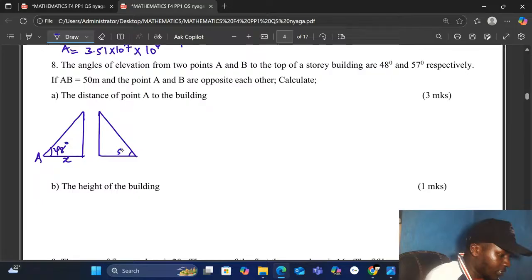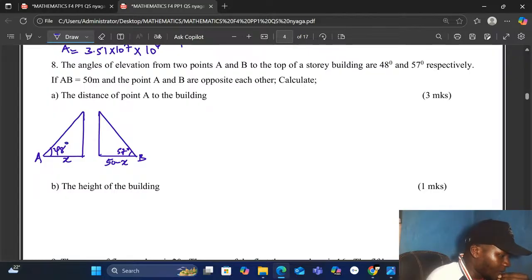Now they're saying the distance. So if from A to this point here we have x, that means from here to here we shall have 50 minus x.